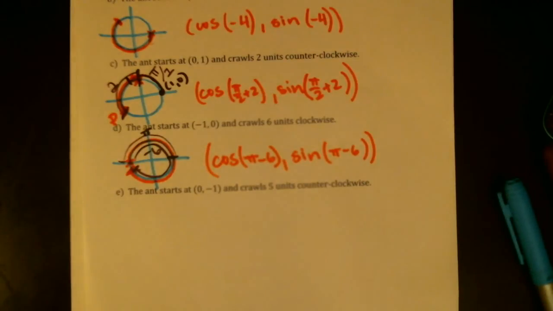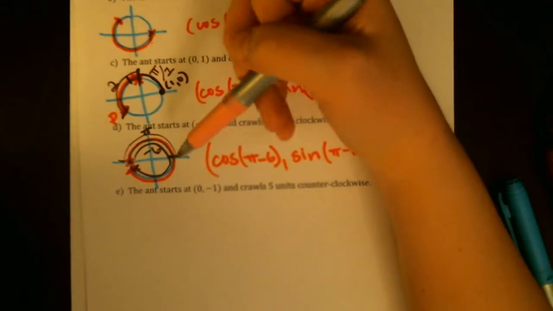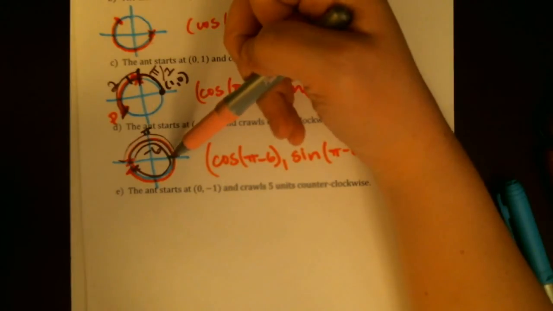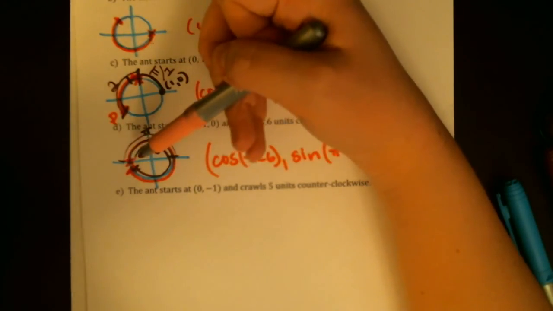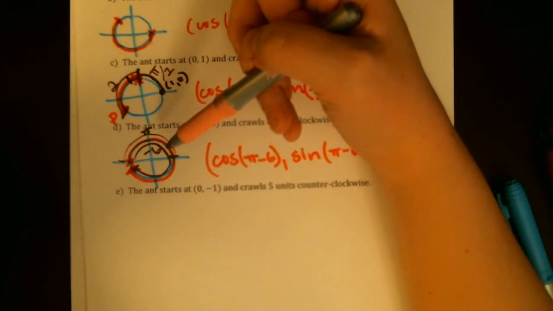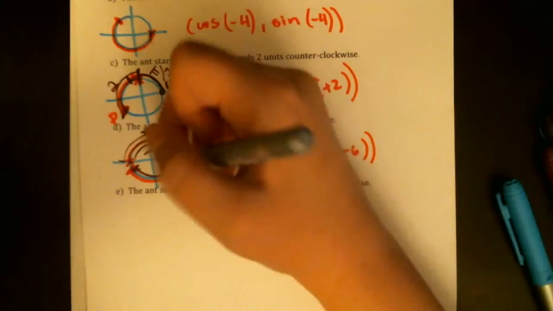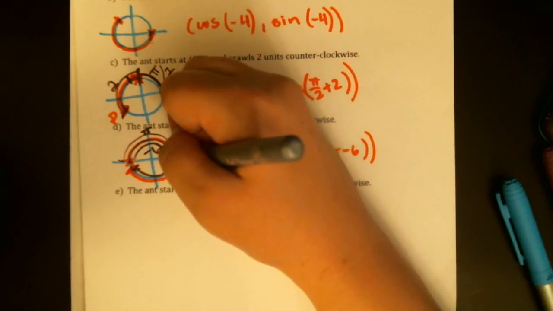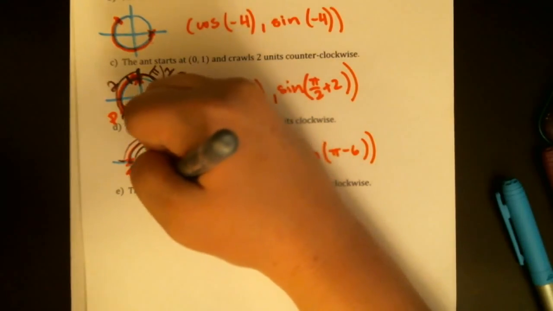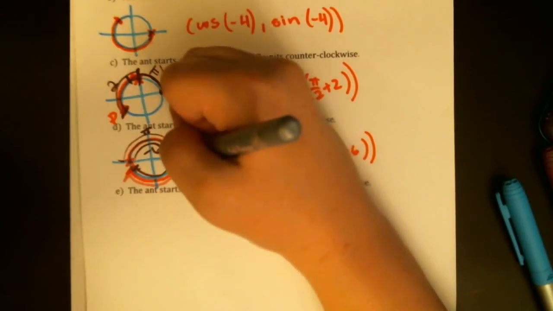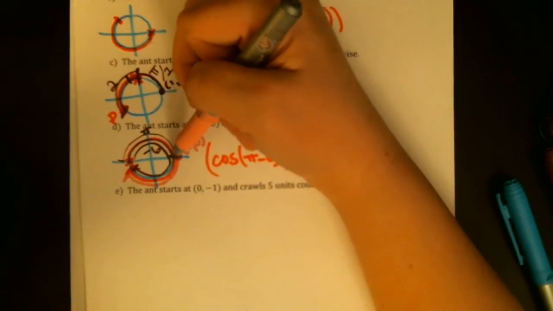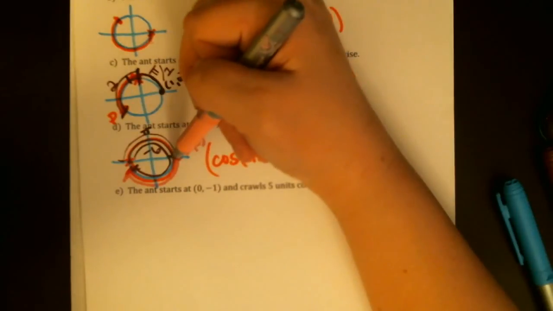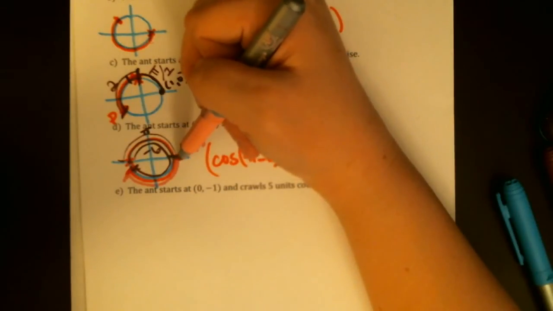One other thing I want to clarify on this one, I kind of showed this as a path for the ant, right? So we went pi, and then we went -6, but the actual arc length pi - 6 is just this. So it's starting from 1, 0. These two wiped each other out, right? We went pi and then we went back pi. So that just wiped itself out completely.